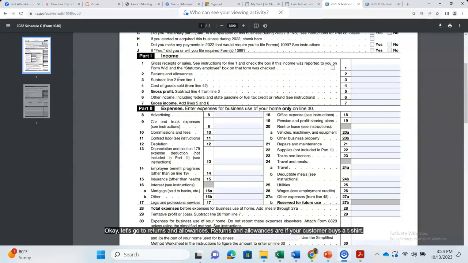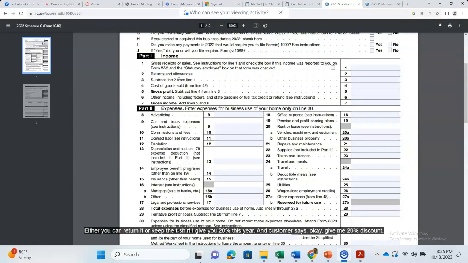Okay, let's go to returns and allowances. Returns and allowances are if your customer buys a t-shirt and returns the t-shirt. That's a return, a physical return. That means you put the t-shirt back in inventory to sell it another time to another customer. But allowances is different. Allowances is when your customer comes back and says there's something on the t-shirt that he doesn't like, and then you tell him, okay, you have two options.